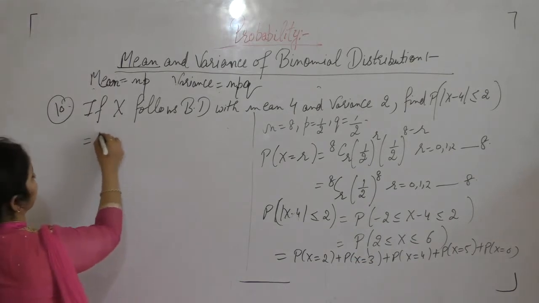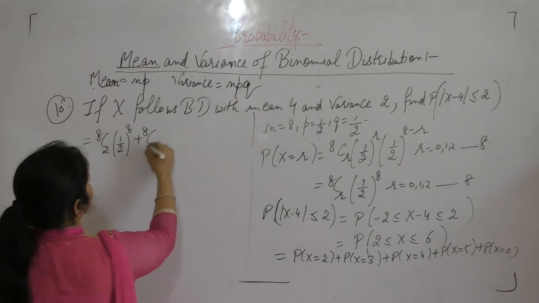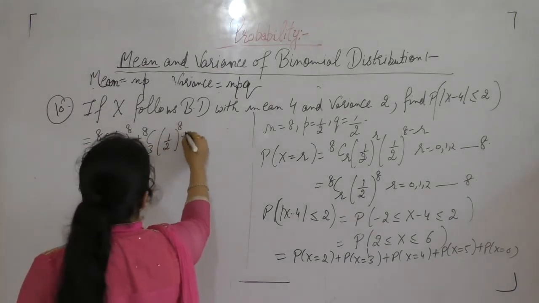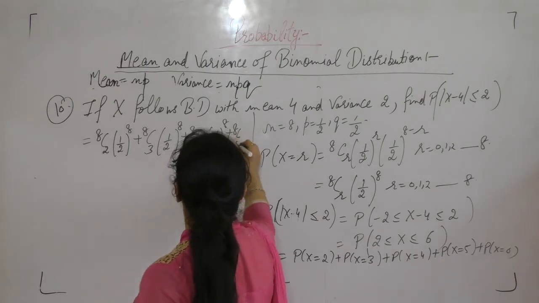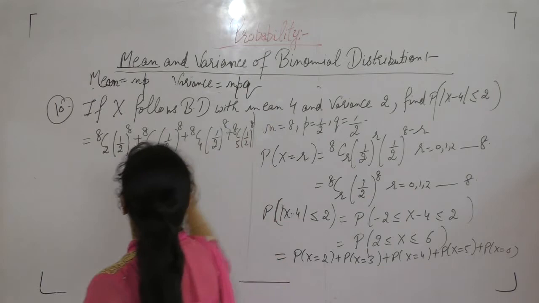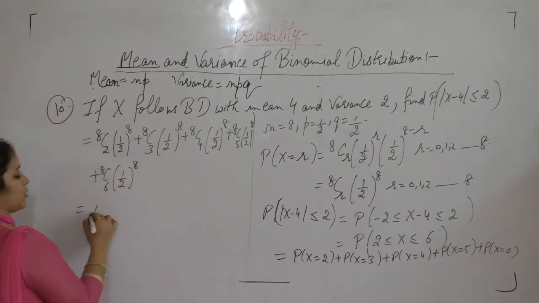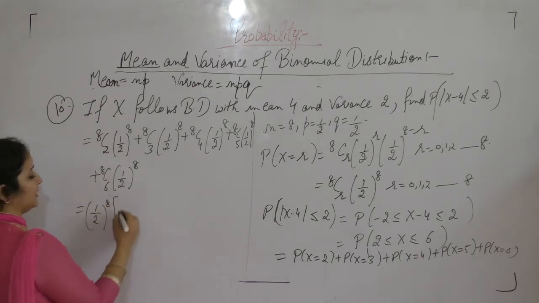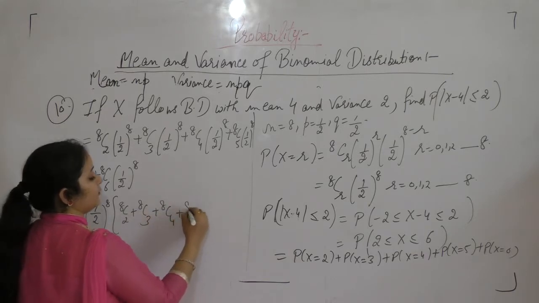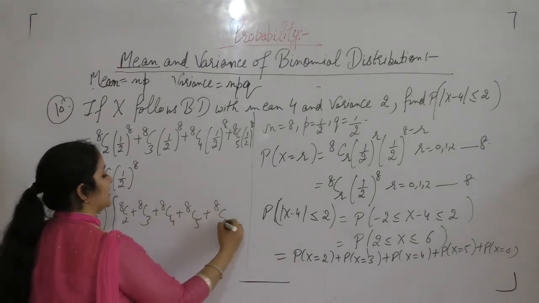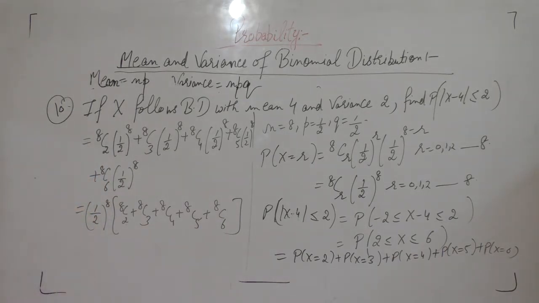So what we get? 8c2 into 1 by 2 power 8, 8c3 1 by 2 power 8, 8c4 1 by 2 power 8 plus 8c5 plus 8c6. 1 by 2 power 8 is common in all, so 8c2 plus 8c3, 8c4, 8c5 and 8c6. So this is our required probability.